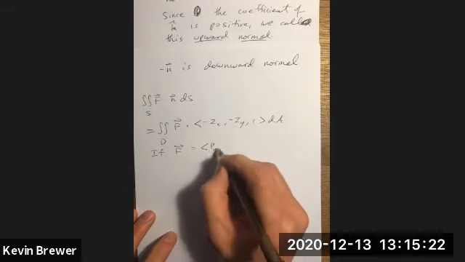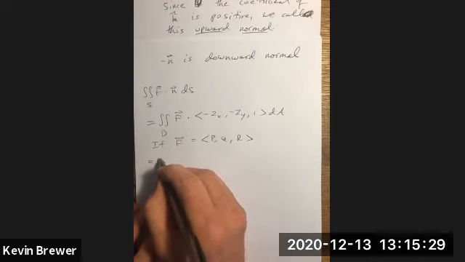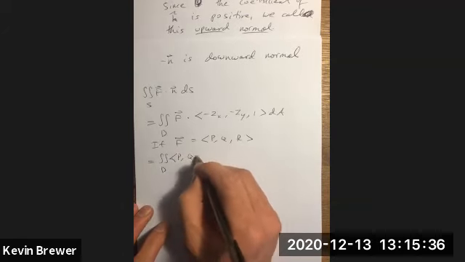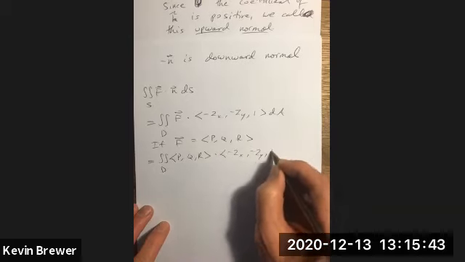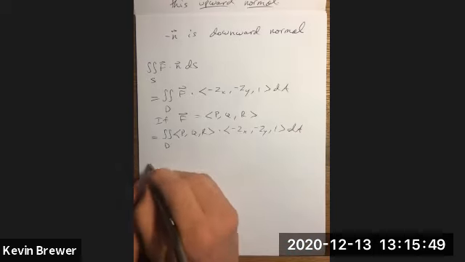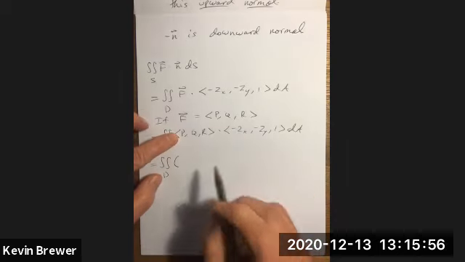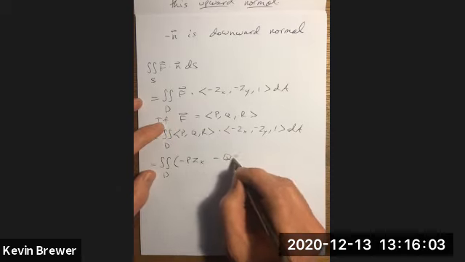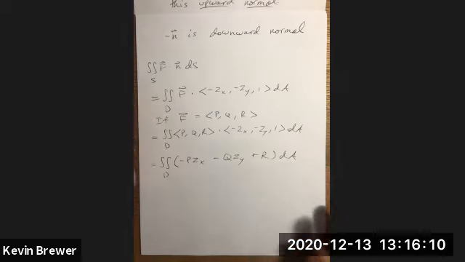If F is given by P, Q, and R, then we get the double integral over D of P, Q, R dot minus Z sub X, minus Z sub Y, 1 dA, which is the double integral over D of minus P Z sub X minus Q Z sub Y plus R dA.